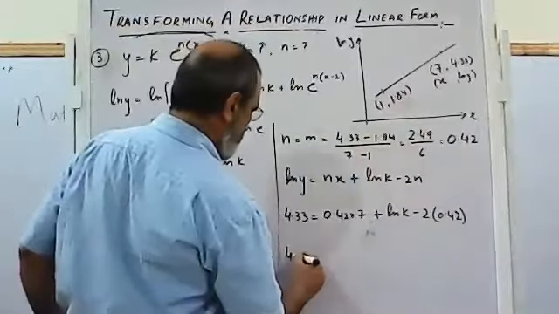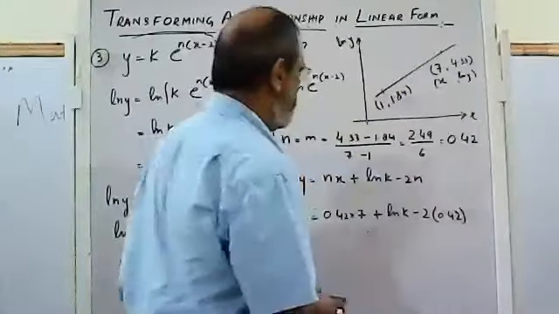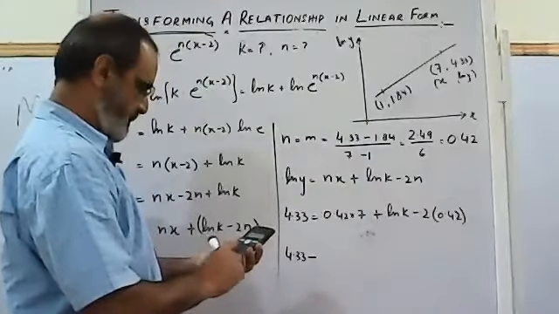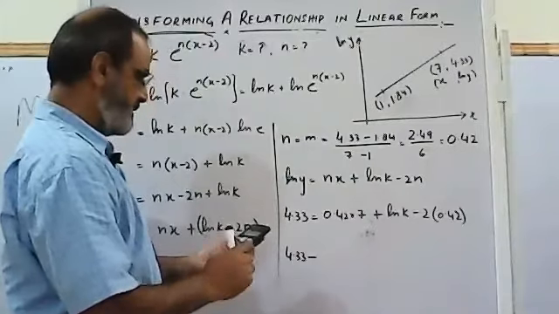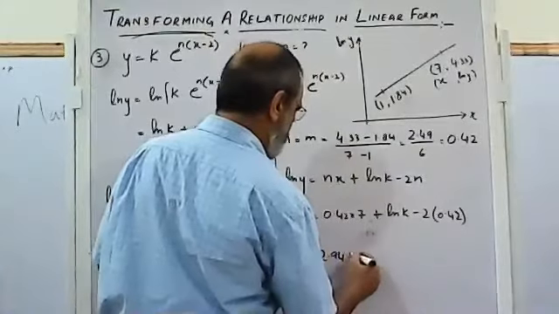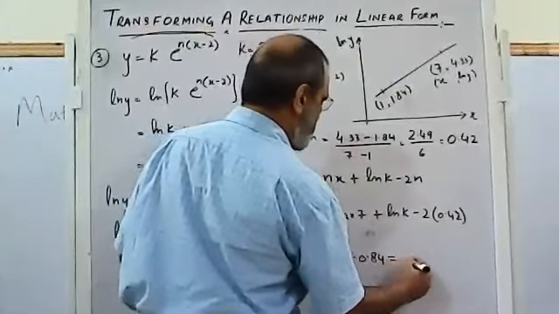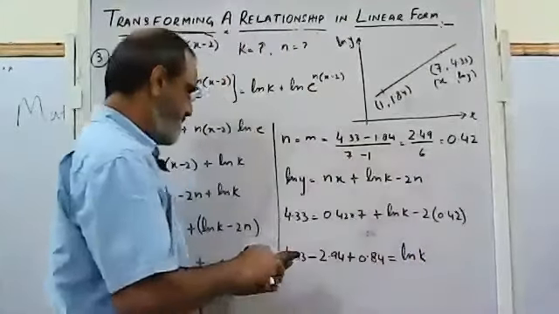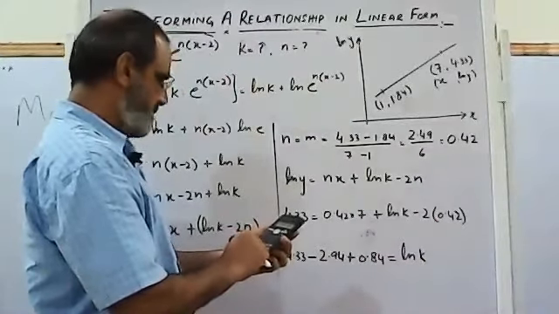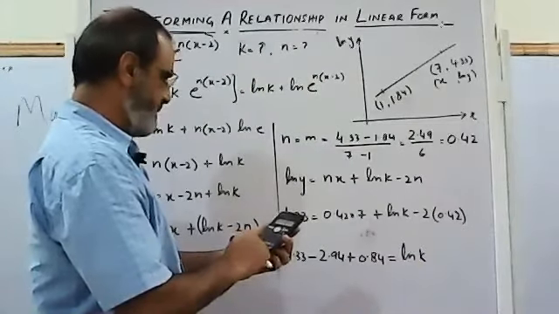So 4.33 minus 0.42 into 7, that gives me 2.94, plus 0.84, is equal to ln of k. So I have 4.33 minus 2.94 plus 0.84.